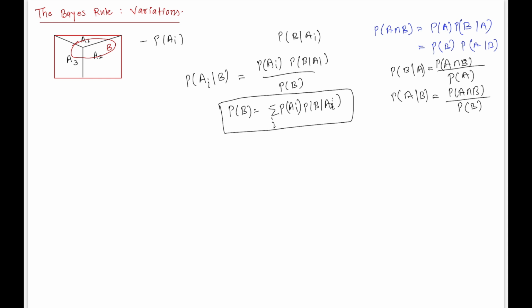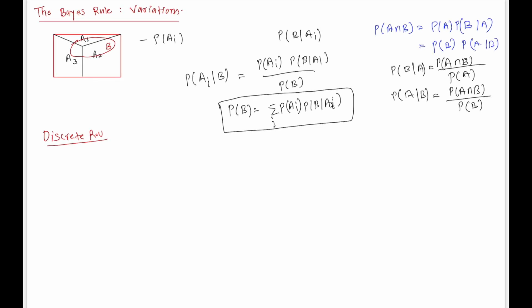Now let's talk about this Bayes rule variation in terms of discrete random variables. In the discrete setting, suppose you have a random variable x and some prior belief, that means you have the known PMF of random variable x, right?